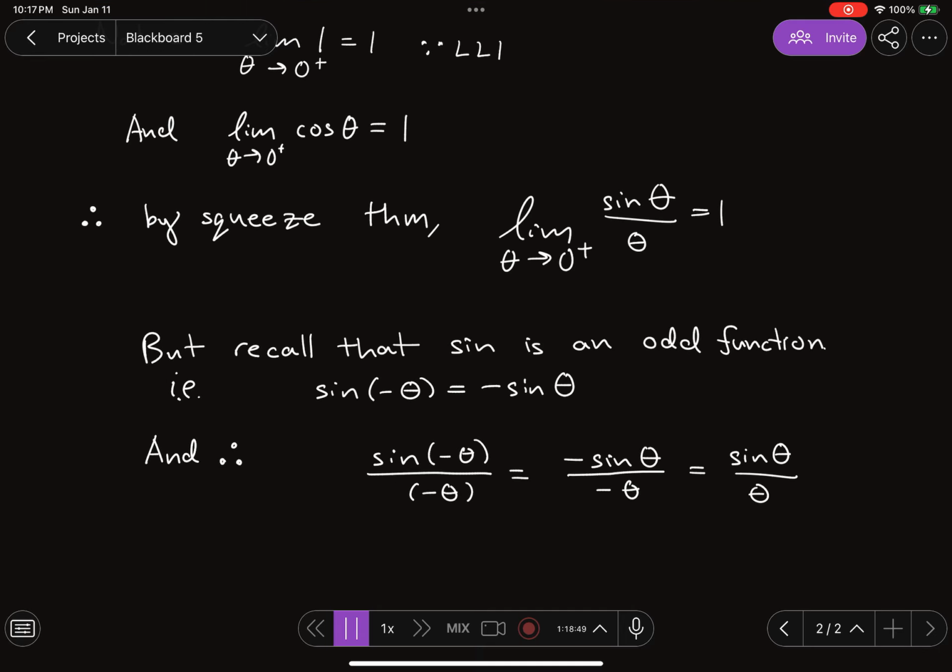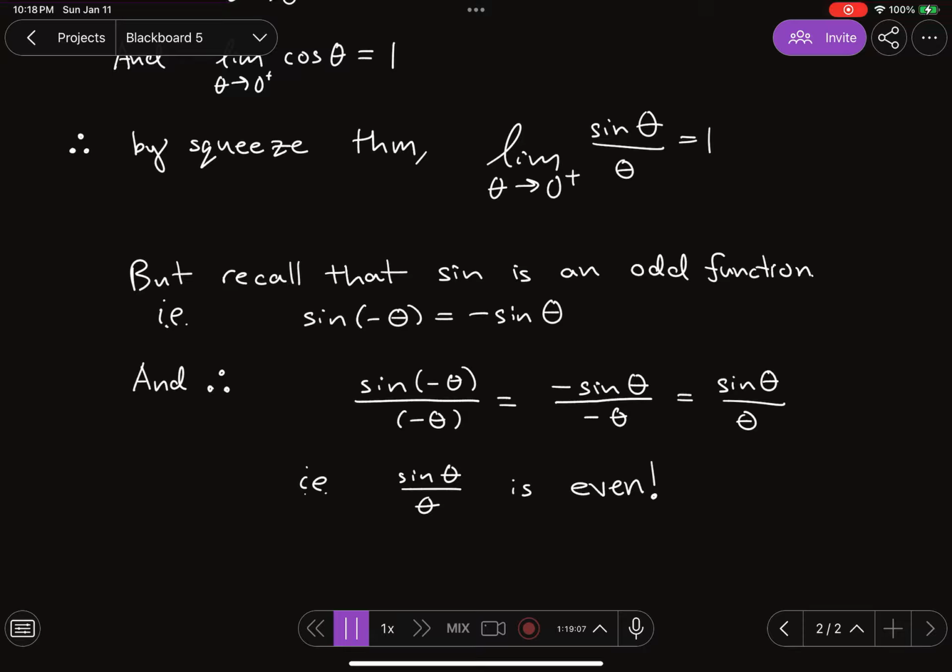In other words, sine of theta over theta is even.